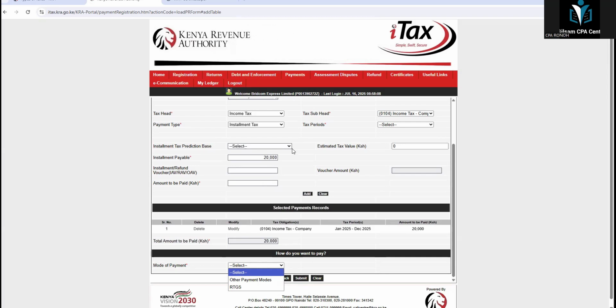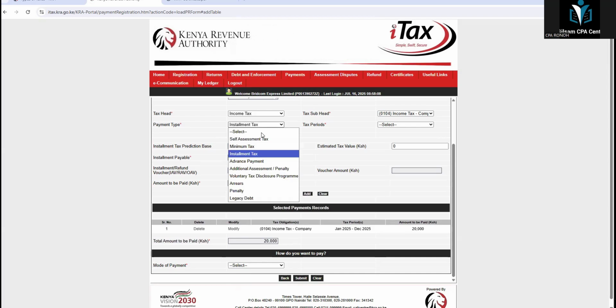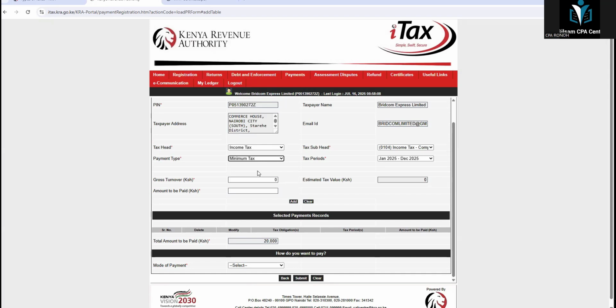The minimum tax is the same case. Minimum tax is another version of the installment tax. It is almost the same, but this one you pay on a monthly basis. You pay on the gross turnover.